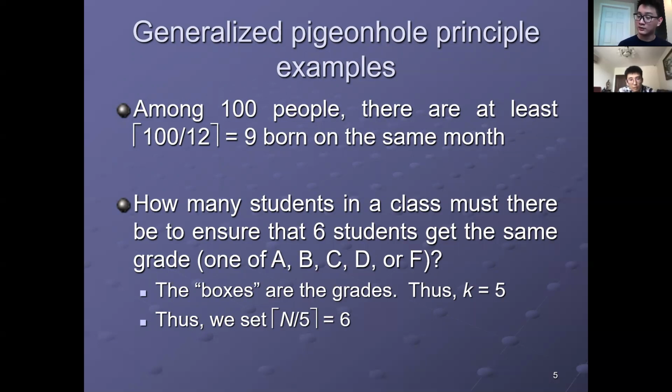We know n cannot be 25 or less, because then we wouldn't get a 6. So n must be more than 25. What is the closest number that gets us more than 25? That's right, 26. So at least 26 students must be in the class for this statement to be true.